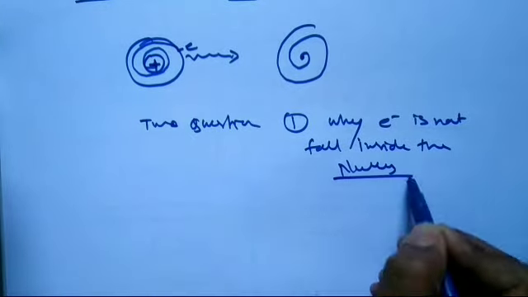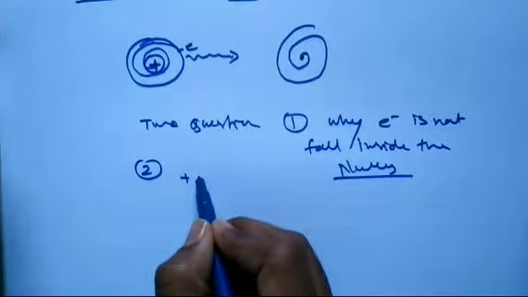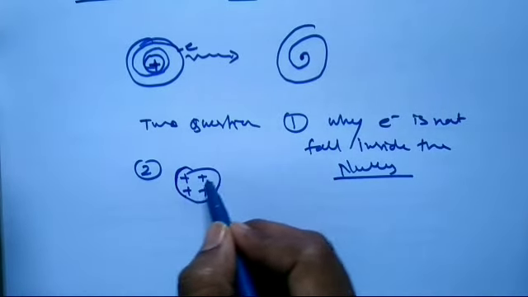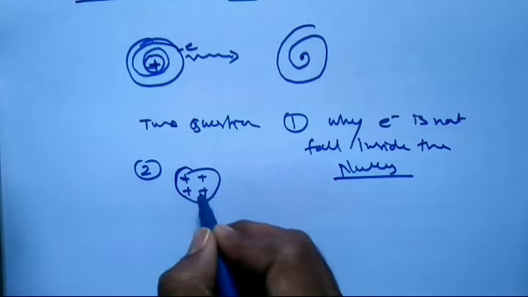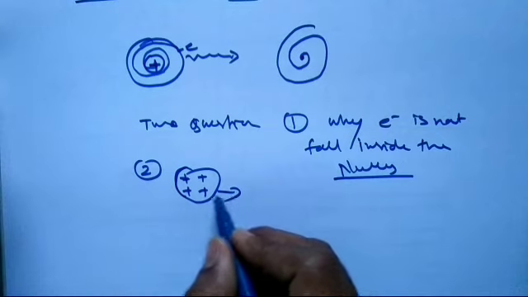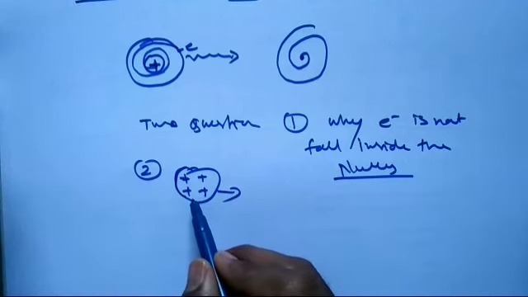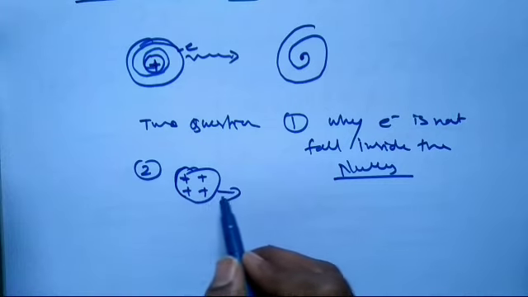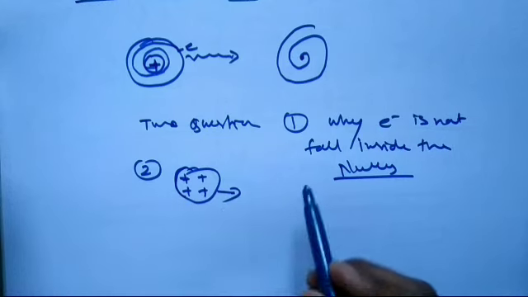And number two, if the nucleus has a large number of protons, a large number of positive charges, then why are these positive charges not repelled? If these positive charges come closer, we know that like charges repel, but here the like charges are not repelled. So these two questions were a very big challenge in front of the scientists.